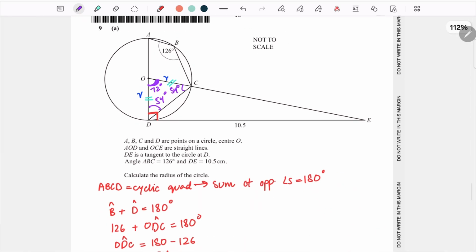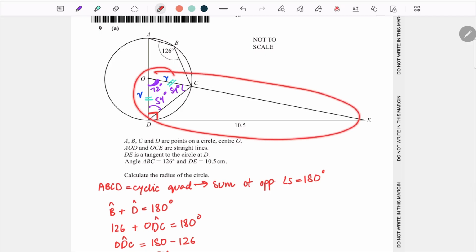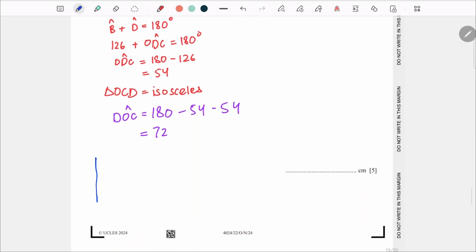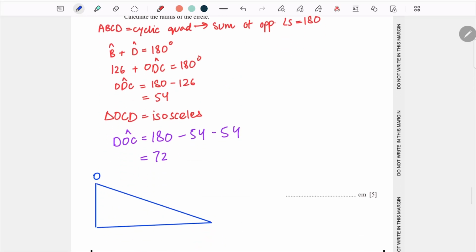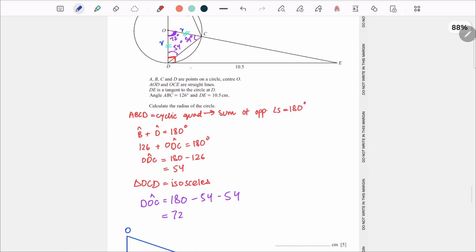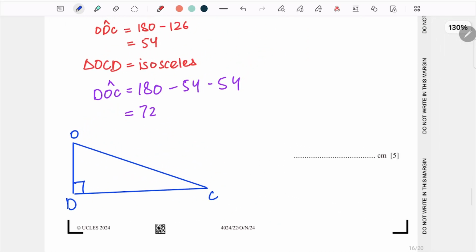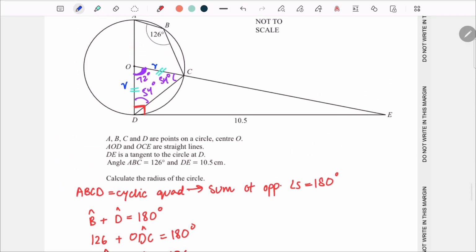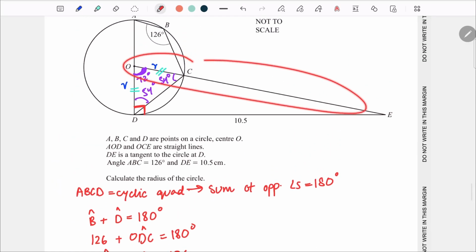Now I'm going to copy this triangle down so that I can analyze it clearly. If I draw it, it's going to be somewhat like this, where this edge is O, this is D, and this is C. And because the question stated that DE is tangent to the circle at D, that means this will be 90 degrees, and this is basically the radius, and OC is not given to us.